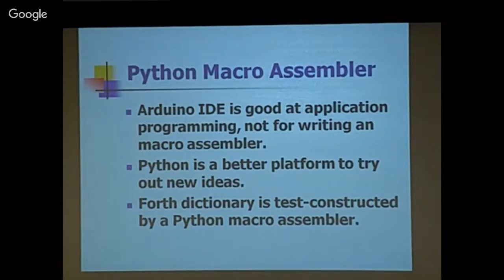It's very complicated. So I thought, well, the dictionary, I don't know C enough to construct the dictionary. And the problem with the dictionary is that the name field is variable length, and the parameter field is variable length. So there's no easy way to represent variable length records in C.